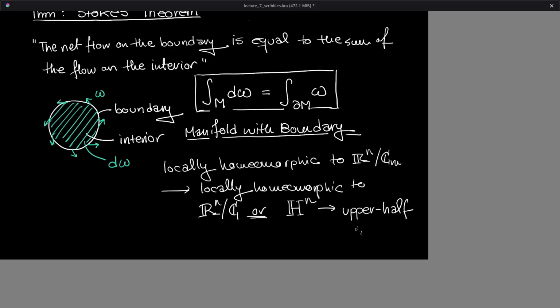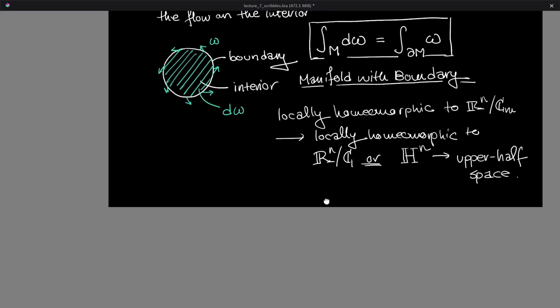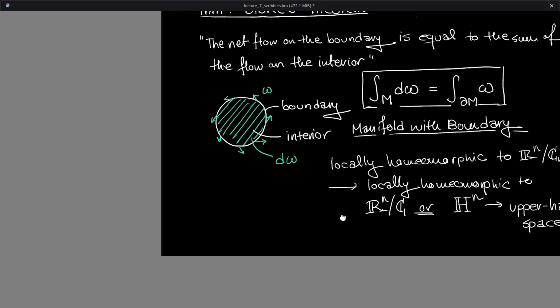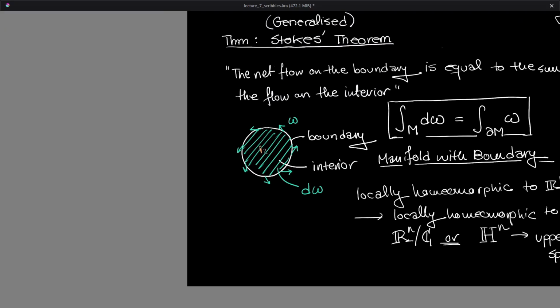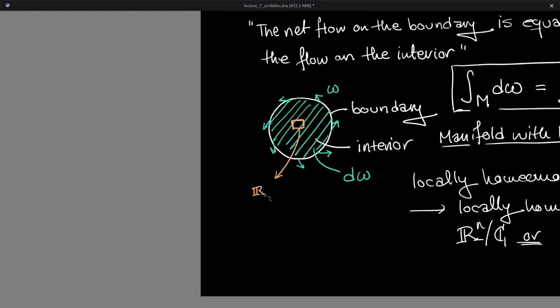Basically the idea is that this part, if we take a local patch here, is isomorphic to Rn or Cm, right?